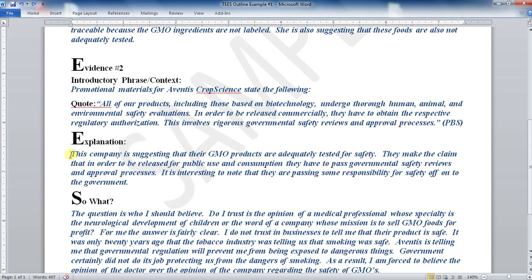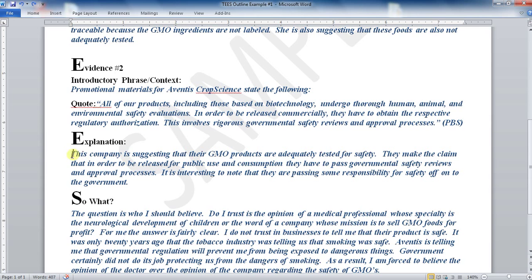So this is my explanation. This company is suggesting that their GMO products are adequately tested for safety. And this statement right here comes from right here. All of our products, including those based on biotechnology, undergo thorough human, animal, and environmental safety regulations.